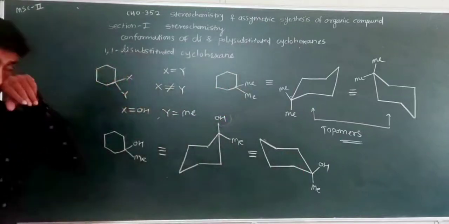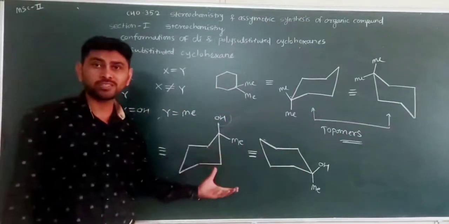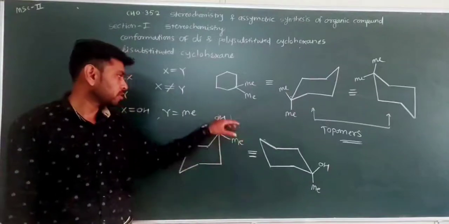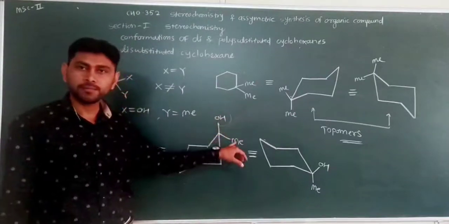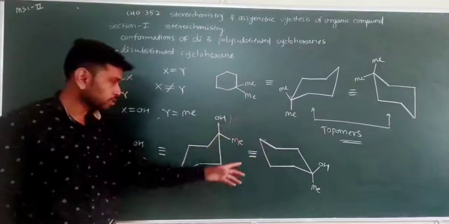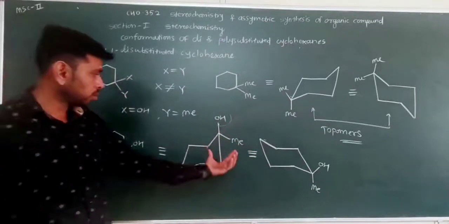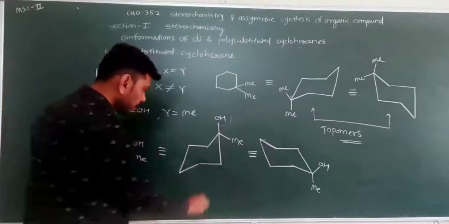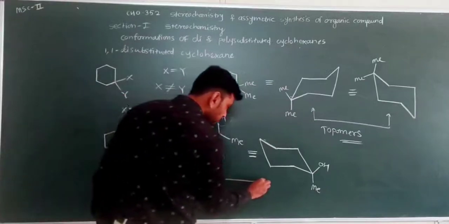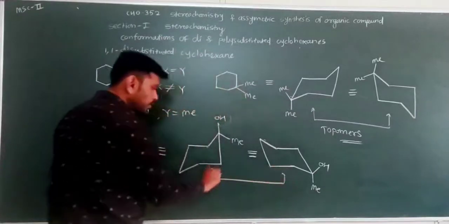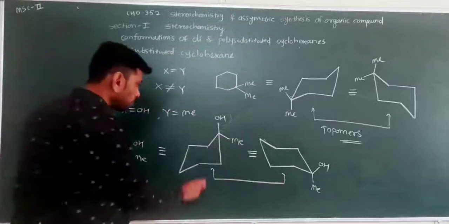Out of these two structures, the stability differs because the OH group and methyl group are different groups. So the stability of these two structures differs, and they are also present in unequal amounts.